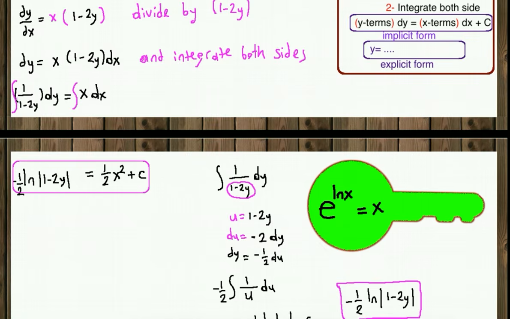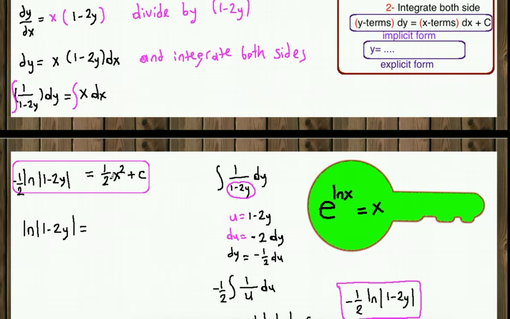Now let's go ahead and find the explicit form. To find the explicit form, we need to solve for y completely, so we need to isolate y. Let's multiply both sides of the equation by negative 2. If we multiply here by negative 2, we get positive ln of (1 minus 2y).